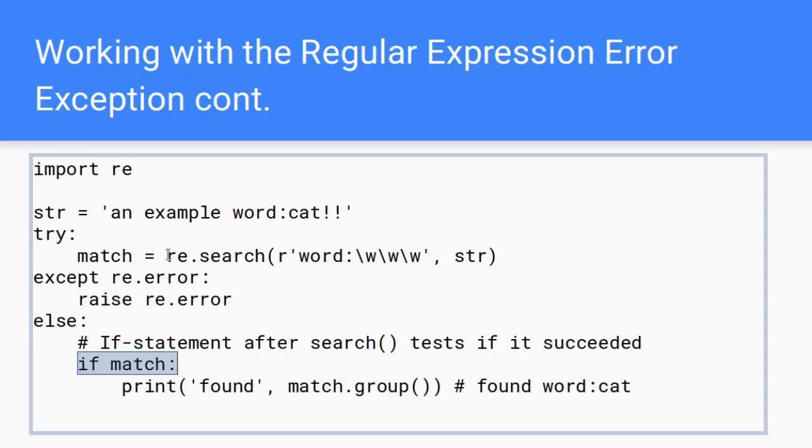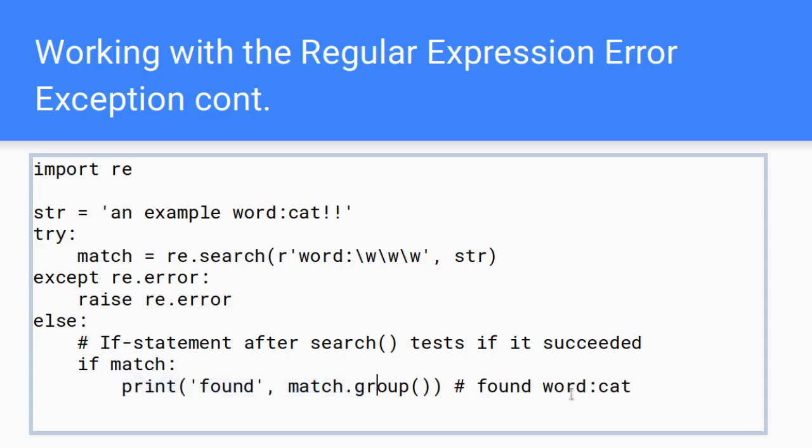For example, we could get an exception if this was not a string. Perhaps it was an integer. We get an integer error or type error. If everything's fine, with no exceptions, this could be blank if it didn't find this. If the regular expression didn't match, then match would be None. None evaluates to Boolean false, so it would not print found match.